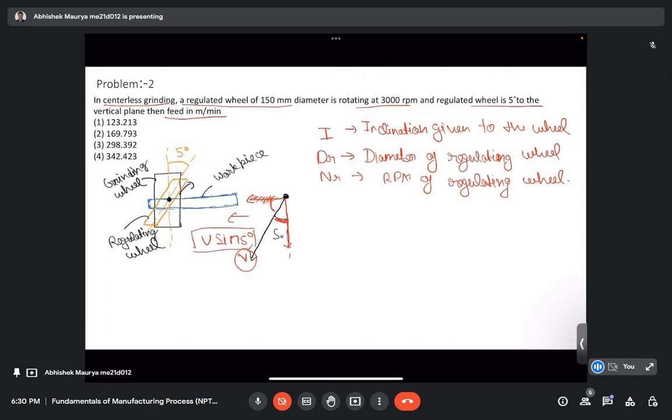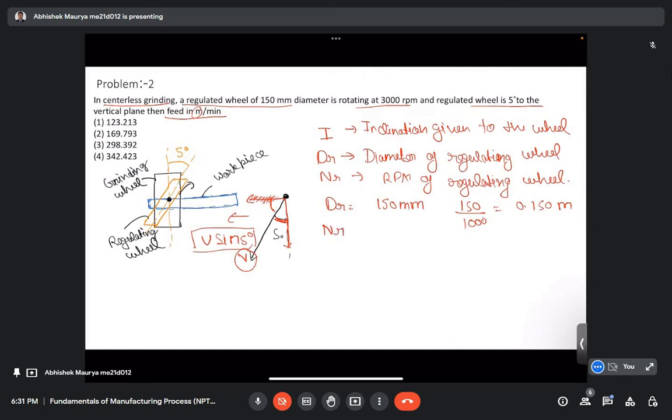The values given are Dr equal to 150 mm. Let's convert it into meters, because the answer we have to give will be in meters per minute. So 150 divided by 1000, or 0.150 meters.